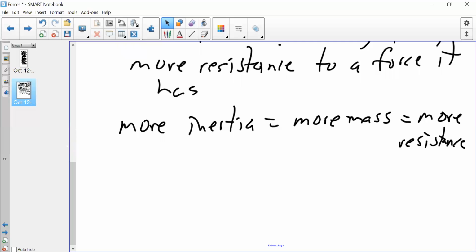So you know that intuitively. You're going to need a large amount of force to get the 2-ton truck moving versus the tennis ball. That's intuition. And that's because of this property called inertia.